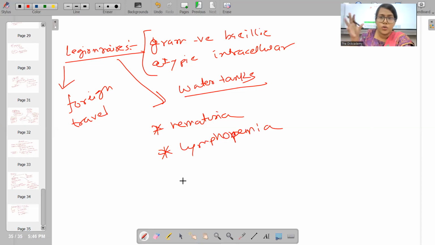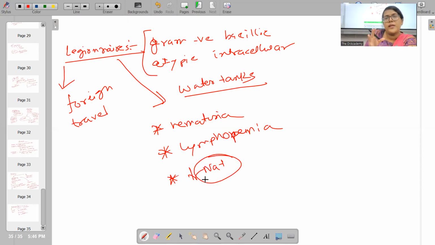So the WBC total count might be normal and the lymphocyte count will be reduced. Okay, and if you go for the serum urea and electrolytes, you'll see there is evidence of hyponatremia. Hyponatremia due to syndrome of inappropriate antidiuretic hormone secretion can take place in any of the atypical pneumonia, but is predominantly seen in Legionnaire's disease. Okay, all right.